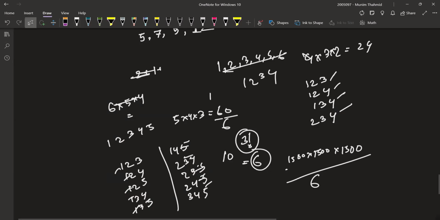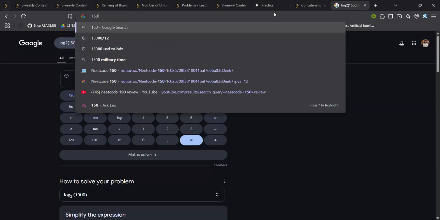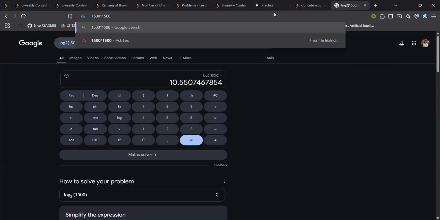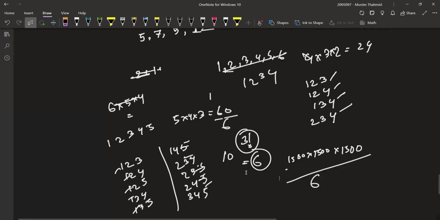Again, calculator. Yeah, it's still going to get time limit exceeded.